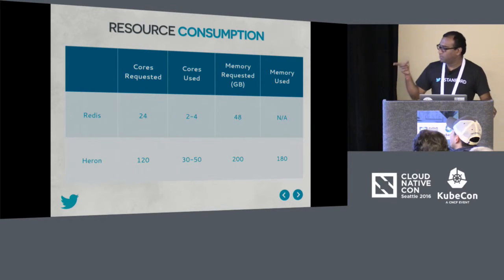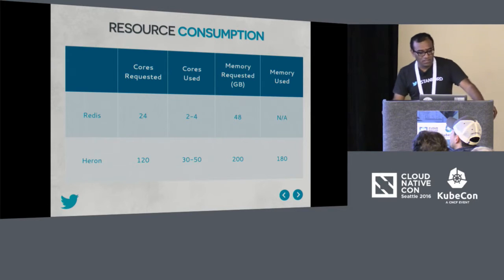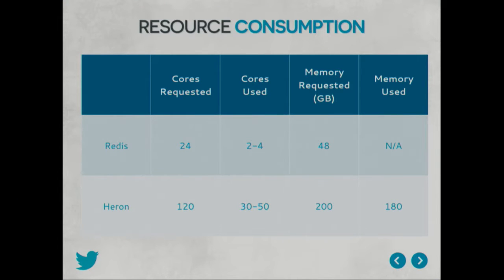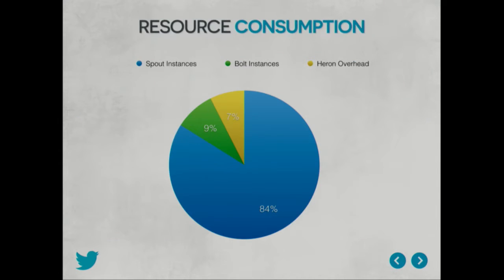Now, with Heron, which is running on a multi-tenant cluster, we requested 120 cores, which is approximately 5 machines, and the actual usage we found was around 30 to 50 cores. The memory requested was 200 GB, but we actually used only 180 GB. When you break down where the usage of the cores is going, we found something unintuitive.